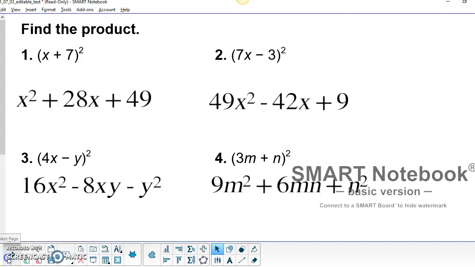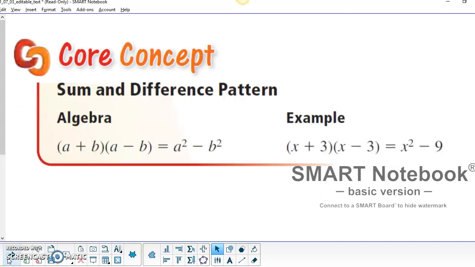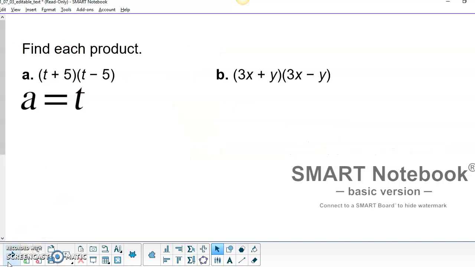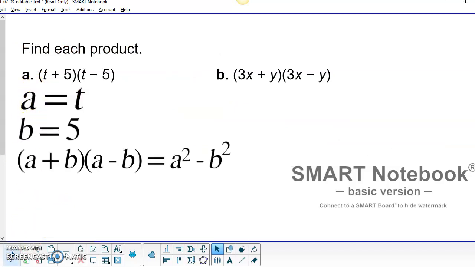All right, sum and difference pattern. We had FOILed this one earlier, but here's an example. Our a is t, my b is 5. Hopefully you recognize it's in the pattern of a plus b times a minus b.